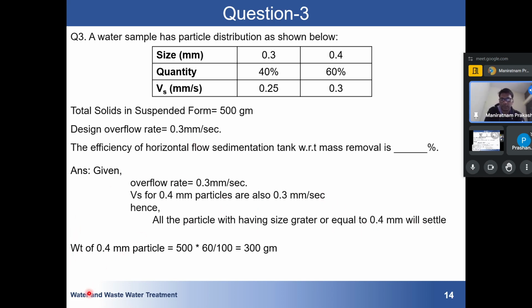Again, the weight of the particles is totally 500 gram. So the 0.4 mm particle would have a weight of 300 gram, and 400, sorry, this is a typo mistake, this will be 0.3 mm. Just let me correct it now.